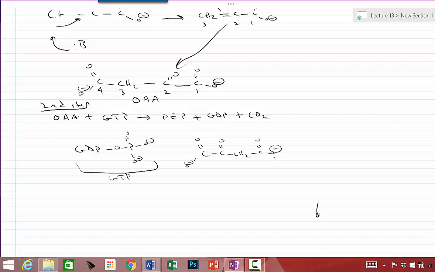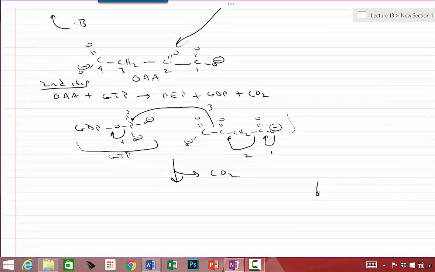We're going to have this reaction here. Okay. 1, 2, 3, 4. So that's the reaction that's taking place here. What's going to leave is CO2. This is the CO2 part right over here. Okay.